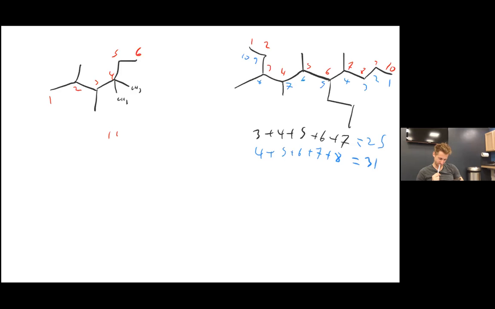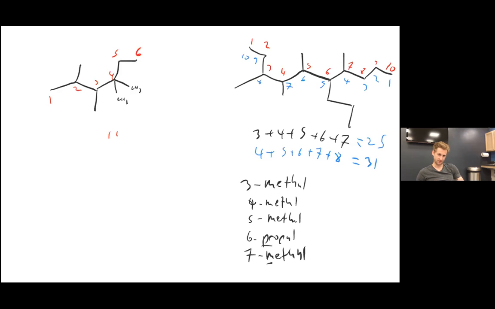Naming our substituents. So we have a 3 methyl, 4 methyl, 5 methyl, 6 is going to be propyl, and 7 is again methyl. M comes before P alphabetically.